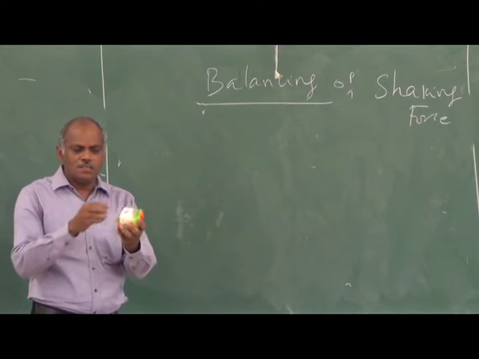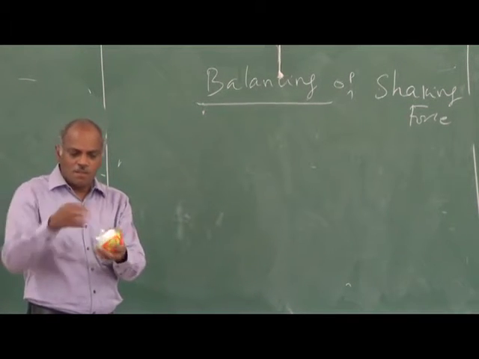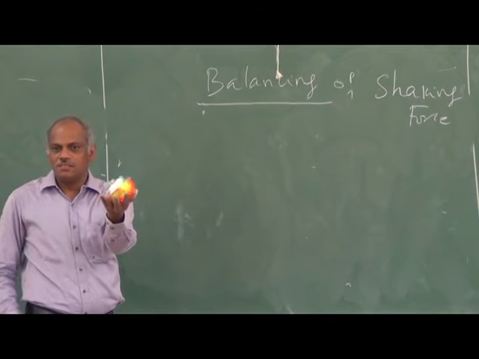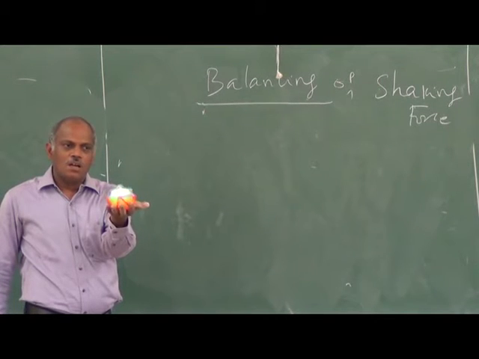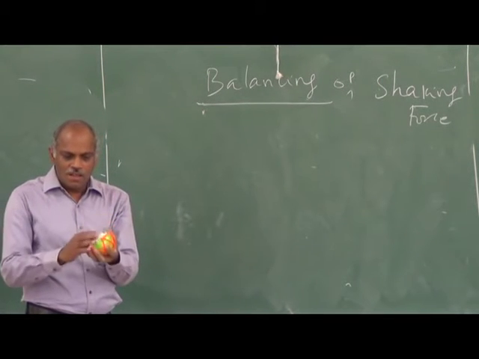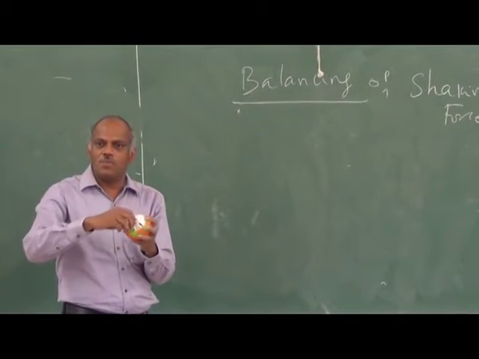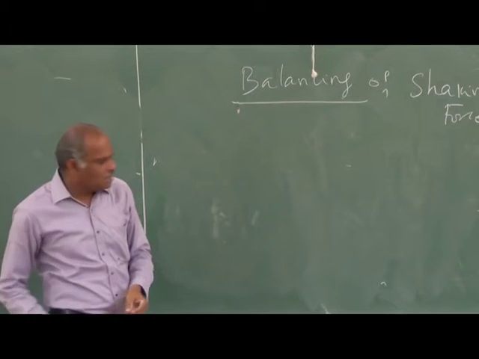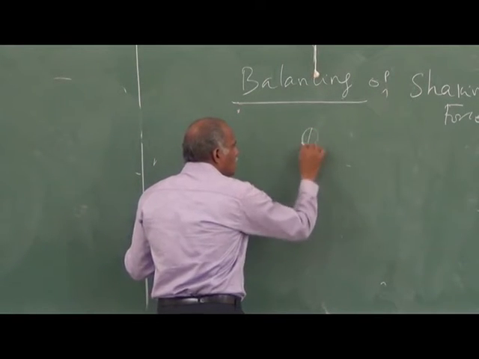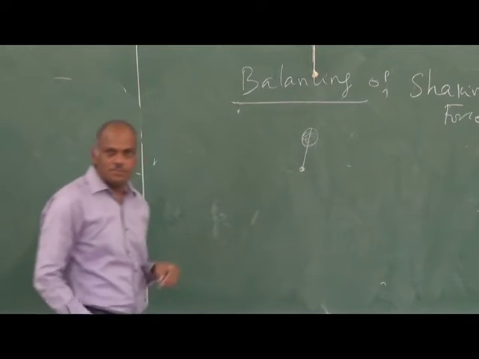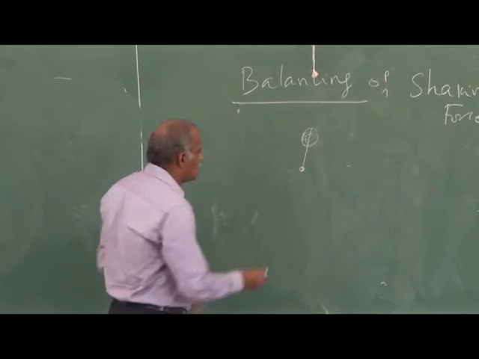Now this toy, as we have discussed, oscillates. Why it is oscillating is because there is something inside this arrangement, a linkage, where the mass is not distributed at the center. The mass is concentrated away from the center.